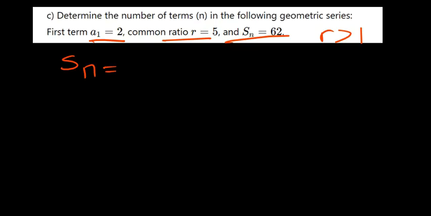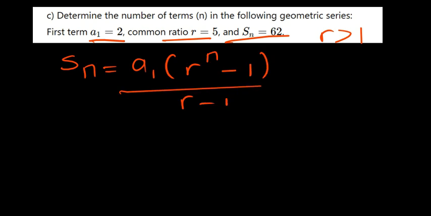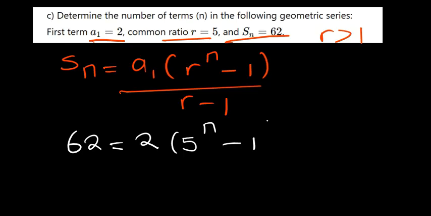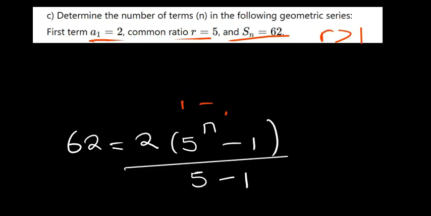This is a GP, so a1 times r to the power n minus 1, over r minus 1. The sum is 62, first term is 2, common ratio is 5 raised to the power n minus 1, divided by the common ratio 5 minus 1.